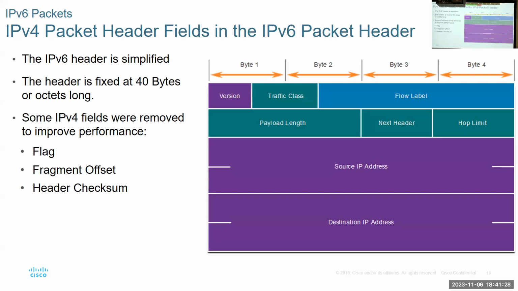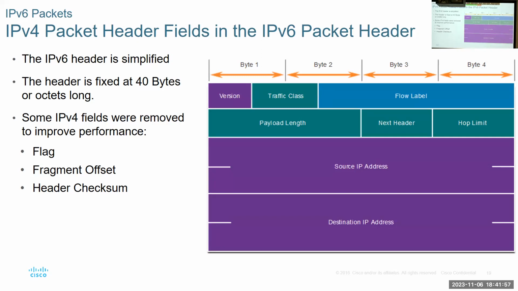Next header field. So this is what they did with IPv6. This next header field allows IPv6 to, well, let's say normally this will point to the transport layer header, but you can extend the functionality of IPv6 by adding headers to it, and that next header will point to the next IPv6 header.